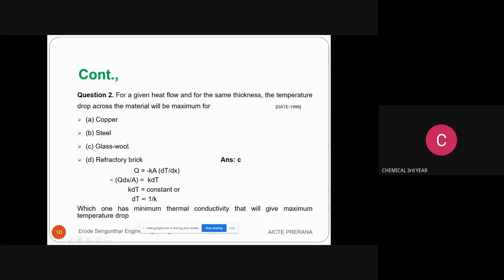But from the theoretical point of view, we all know that Q is equal to minus KA dT by dx, right? Q dx divided by A is equal to K dT. If the thickness is the same for all the things, then heat flow and thickness are the same, so this term is constant for all the things, right? So K dT becomes constant.